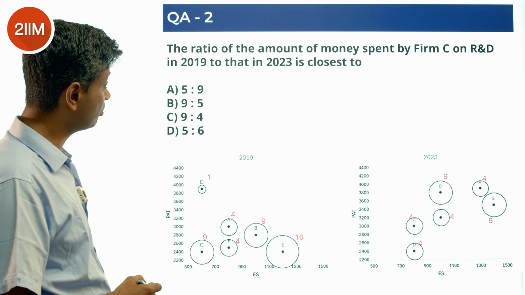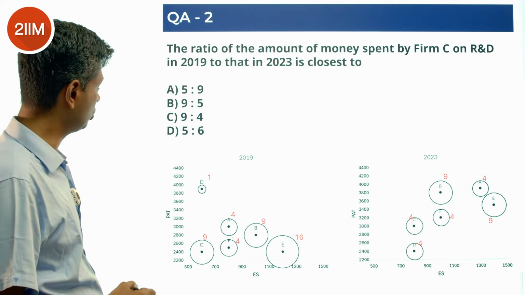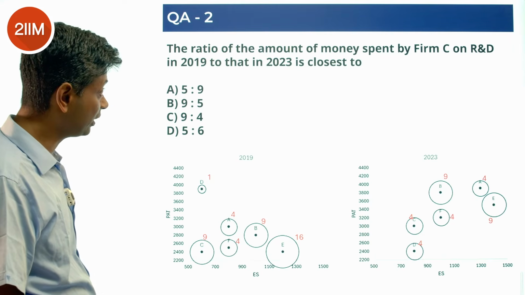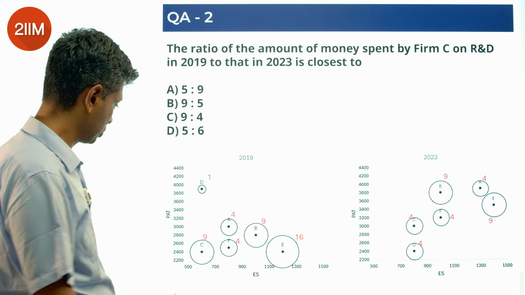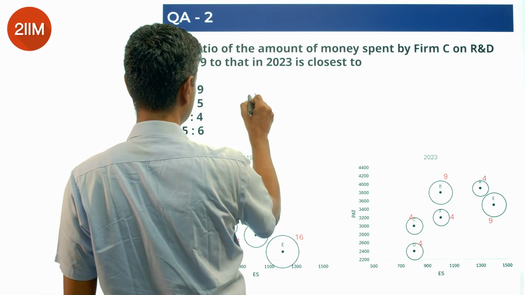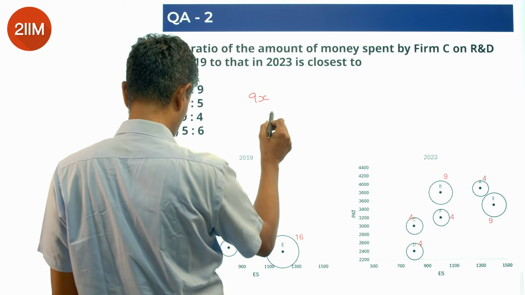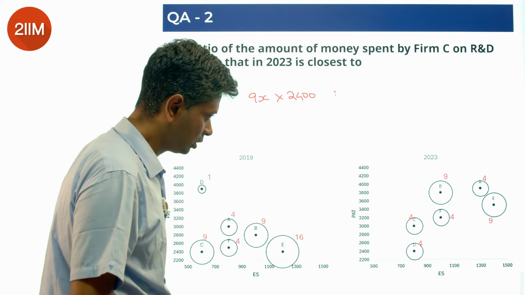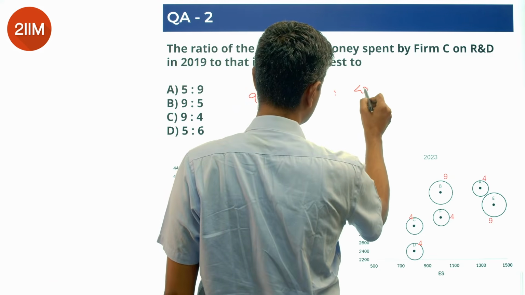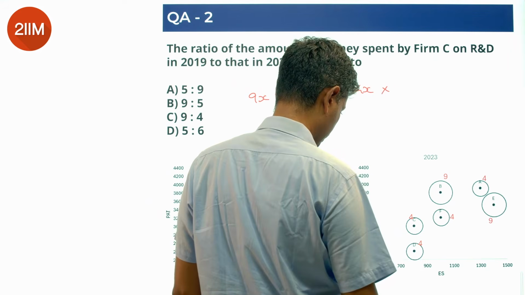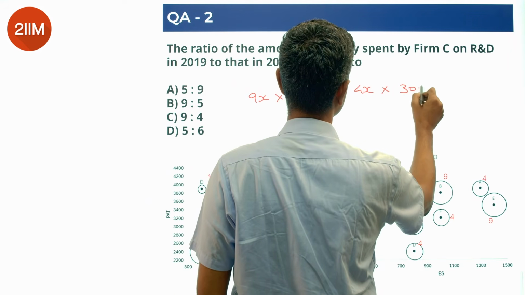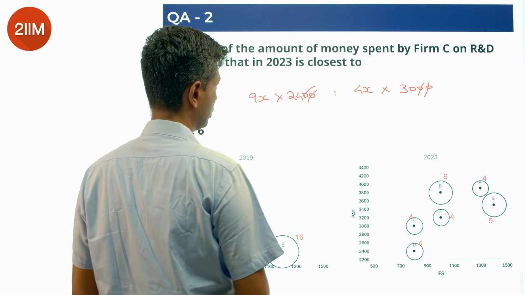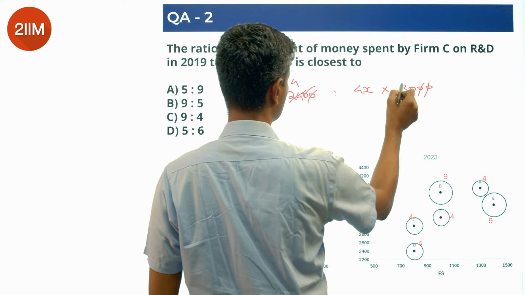The ratio of the amount of money spent by firm C on R&D in 2019 to that in 2023. 19 to 23, firm C is 9x percentage of 2400 is to, here it is 4x percentage of 3000. 24 is to 30 is 4 is to 5.